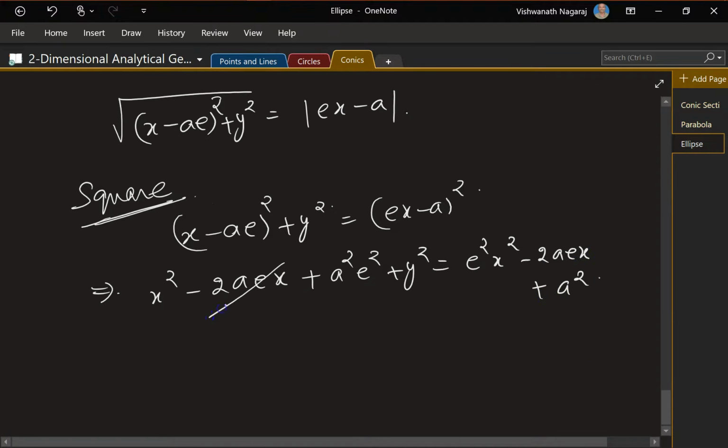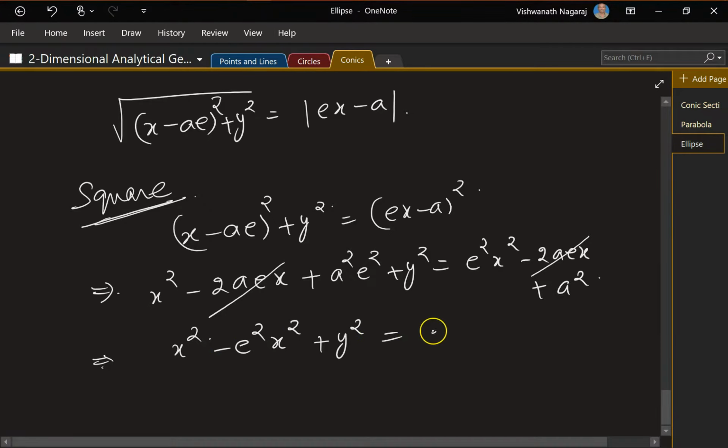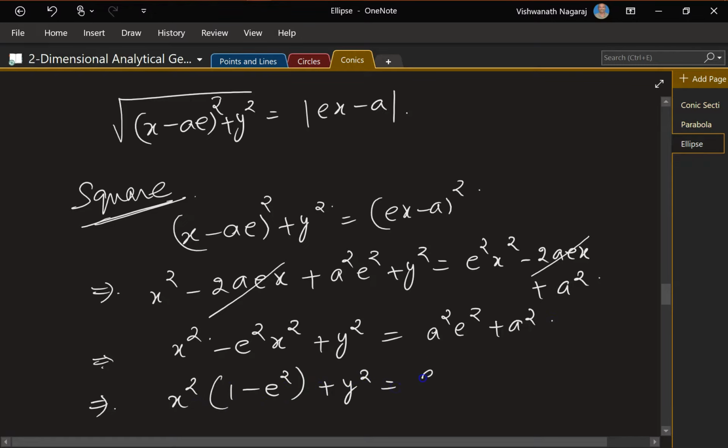Okay, 2AEX, 2AEX cancelled. Now let's rearrange this. X square minus E square X square plus y square, and let's take the constants to the other side: A square E square plus A square. So x square is common, (1 minus E square) x square plus y square is equal to A square is common, 1.